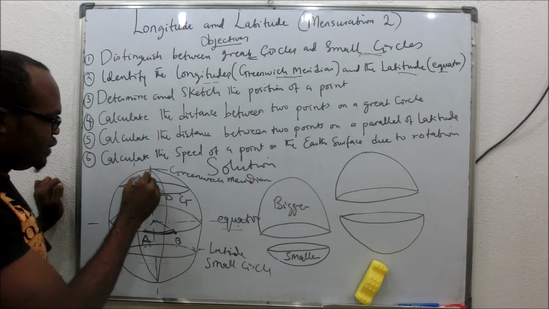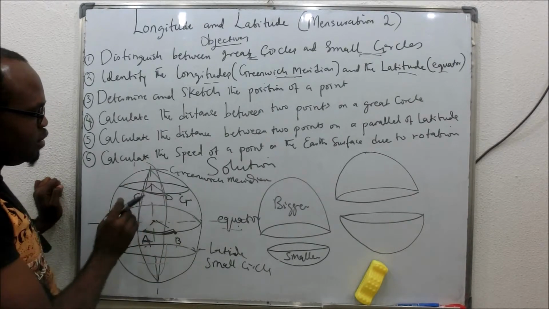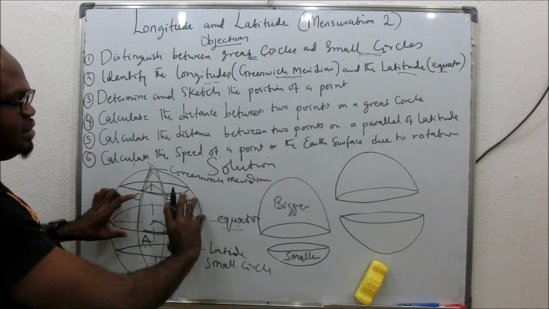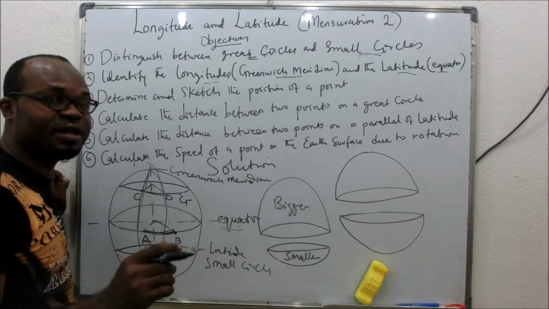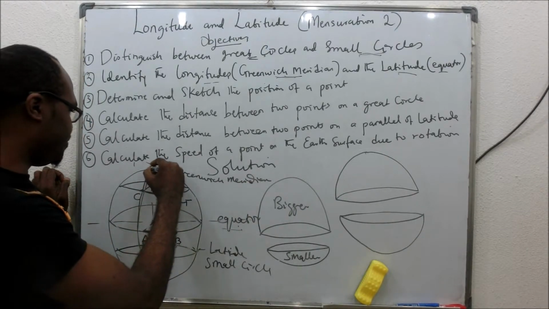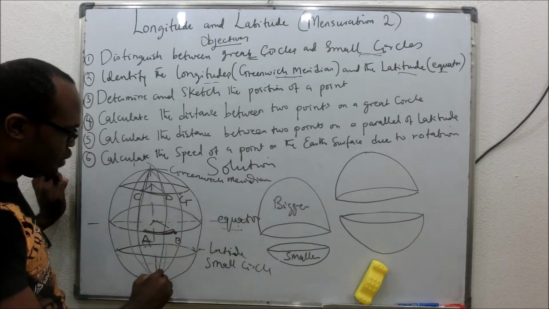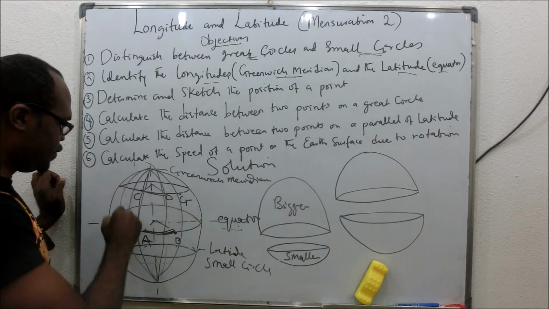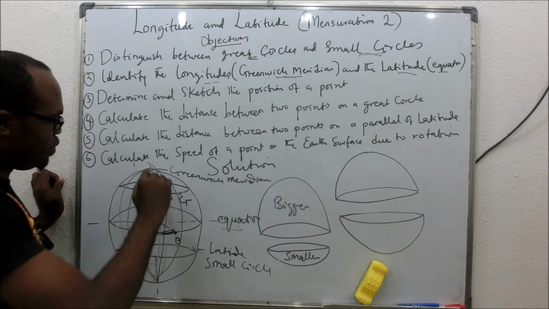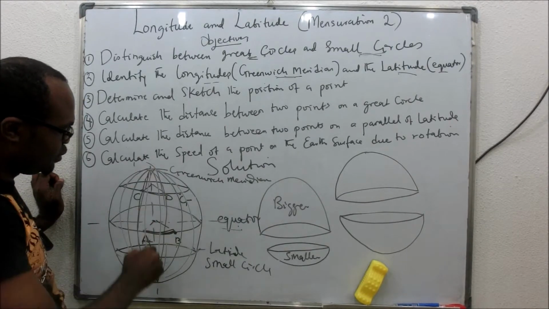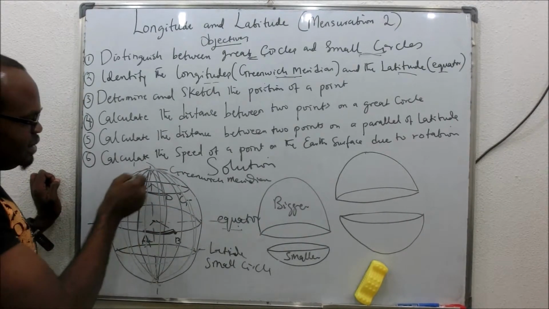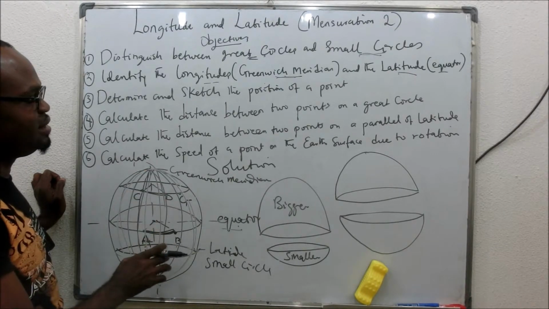Because if you cut the Earth through this point, you're going to get two equal halves. So the Greenwich meridian is a great circle. If you also cut the Earth through this other point, you also get two equal parts. If you cut through this point, two equal parts, through this point, two equal parts. So you have plenty of great circles as the meridians.